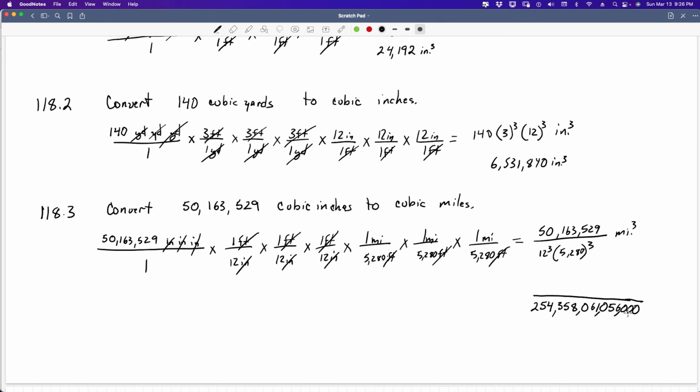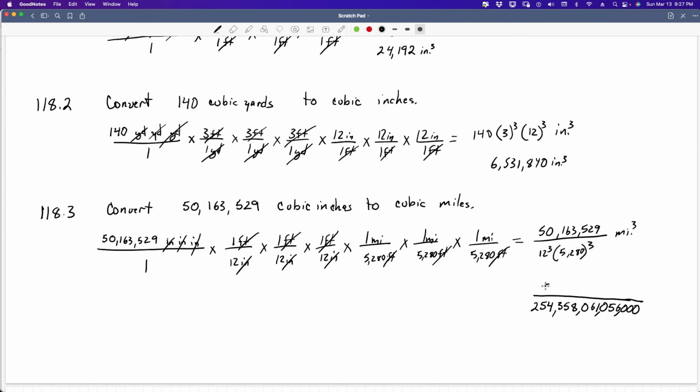So this is thousands, this is millions, this is billions. So 254 trillion, 358 billion, 61 million, 56,000 inches. Is that right? No, that's what we're dividing by.